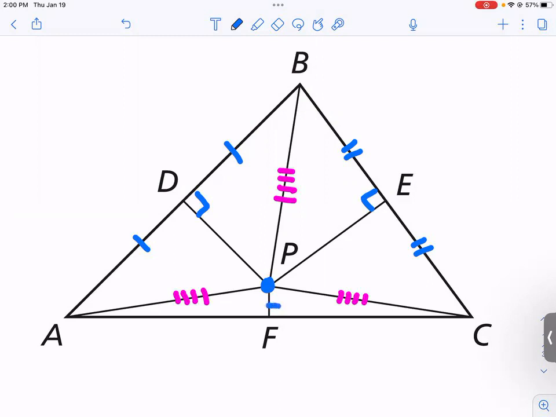And PF is a perpendicular bisector, which means AP and CP are the same. So from this picture, what can we conclude? Just look at what I have in P. BP, CP, and AP are all congruent.